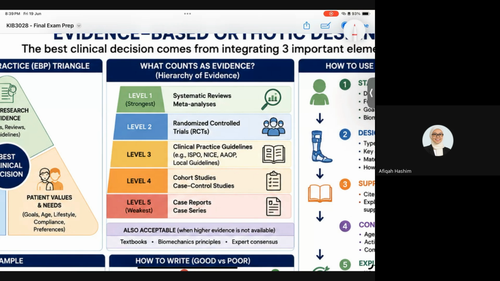If you see a bad answer, for example, "Research shows that AFO are effective." That is very short, and it's not explaining. It does not connect the evidence directly to the patient problem and explain why the design is appropriate. So instead of answering "research shows that AFO are effective," you should explain the evidence.